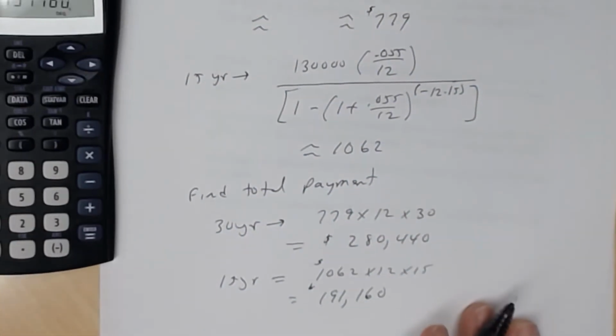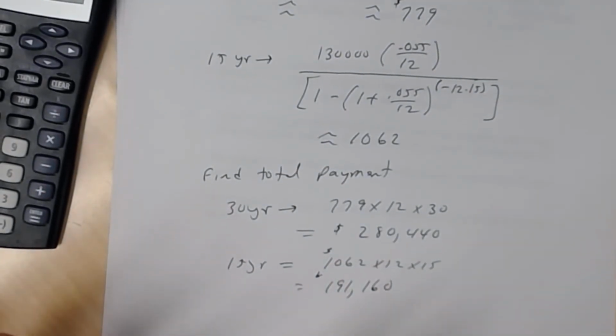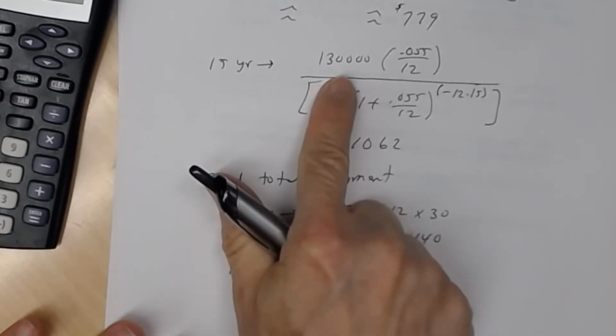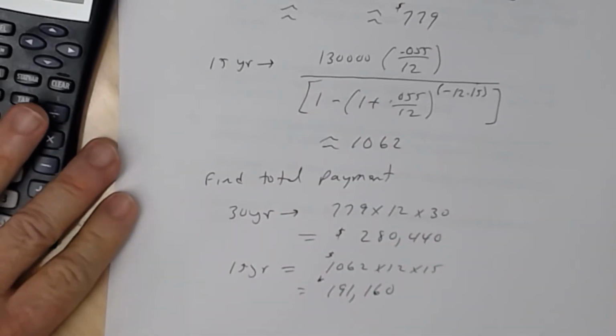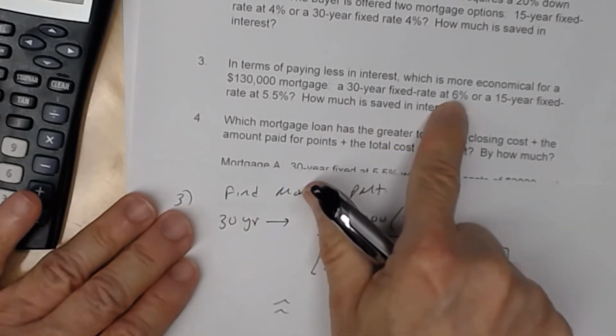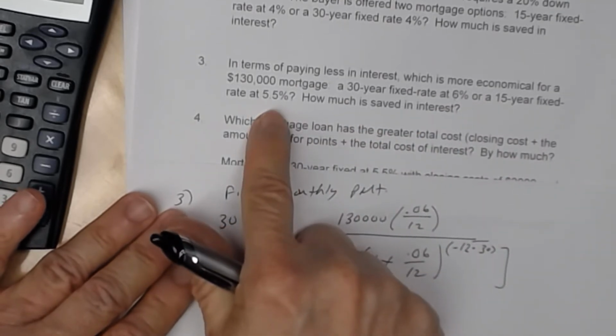Okay? So the question is this: which one's more economical? First of all, we can answer that question. Which one's more economical? Getting this $130,000 loan using this option, 30-year, 6%, or a 15-year, 5.5%?